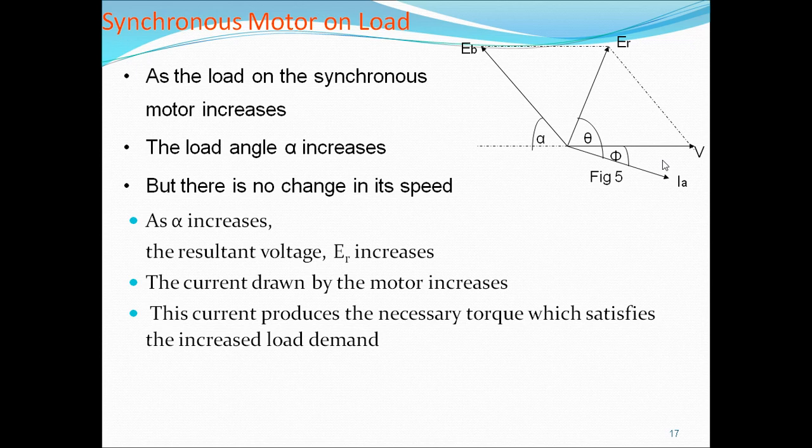When alpha changes, automatically ER also increases. That is, the resultant voltage increases. When the resultant voltage increases, it draws more current from the supply. This current produces more torque, which supplies the increased demand.